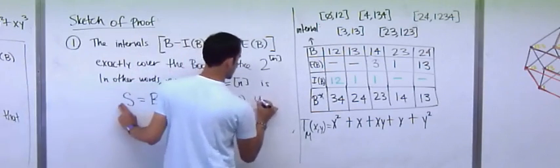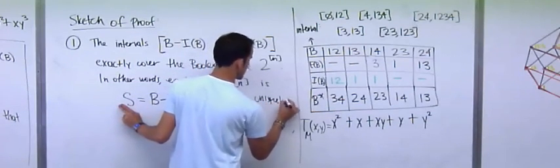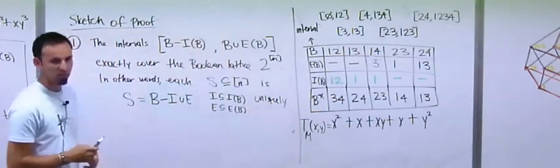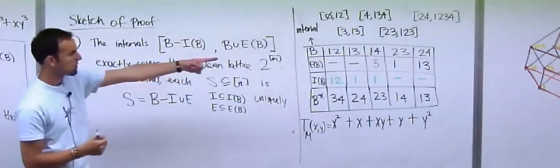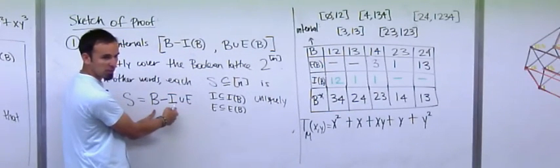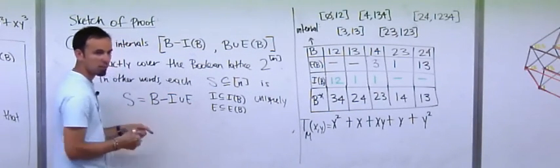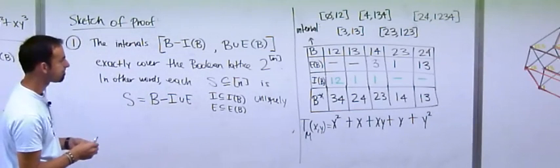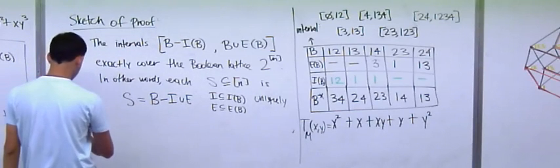Unique. This is a restatement of this. Any subset of 1 to n can be written uniquely as a basis minus some internally active elements plus some externally active elements. Okay? That's the first observation.